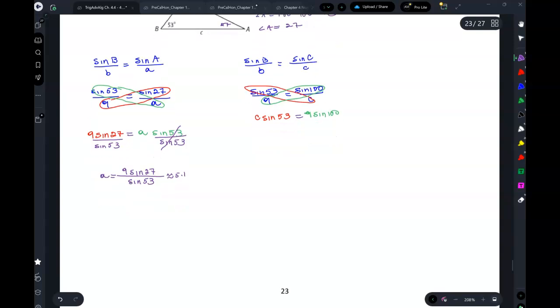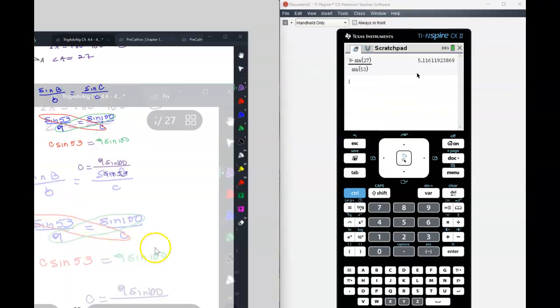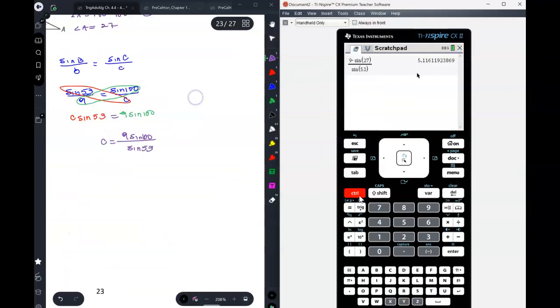We divide by sine of 53, so c is 9 sine 100 over sine 53. And we're going to plug that in the same way.